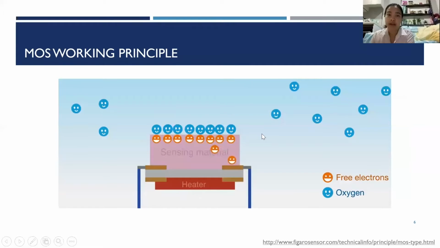When it's exposed to air, oxygen in the air is adsorbed on the metal oxide layer surface, and the oxygen couples with the free electrons inside the metal oxide layer, causing a change in the electrons that flow through the layer.